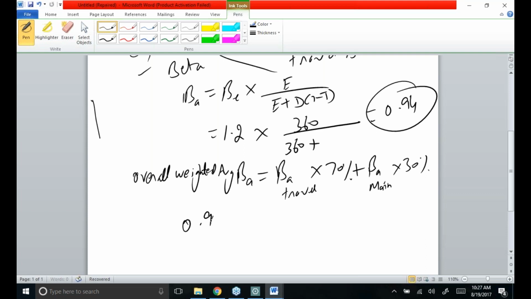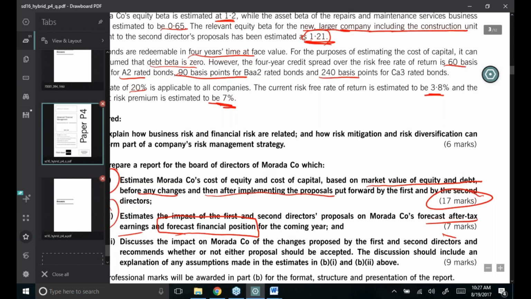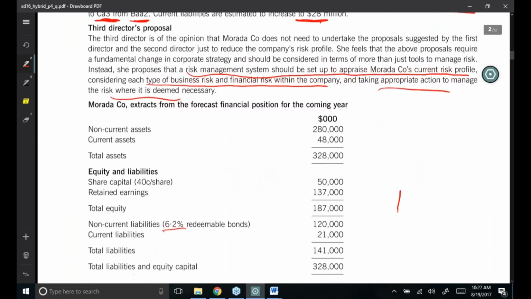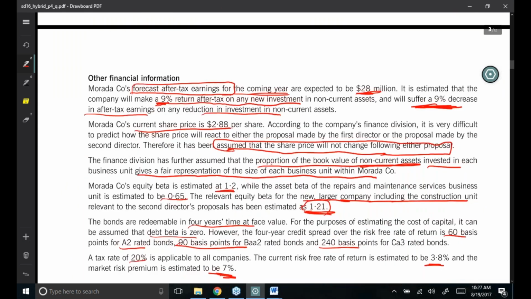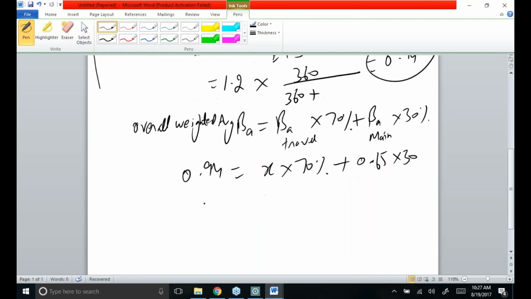So overall beta is 0.94, and beta asset of maintenance is also given in the question, that is 0.65. If we solve it, we can calculate the beta asset of travel.